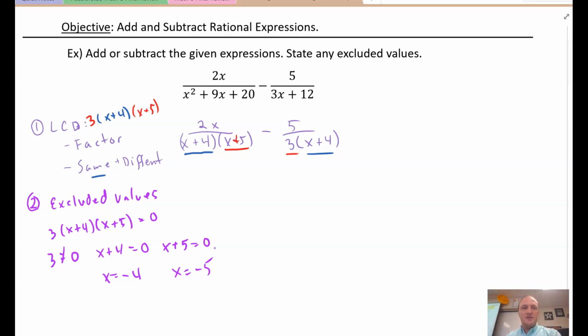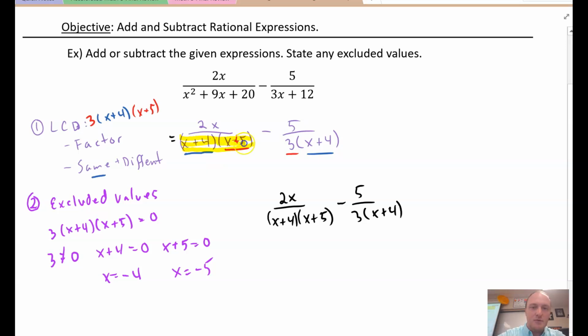Here's step 3. This is where it starts to get a little bit tricky. I'm going to rewrite my term: 2x over x plus 4, x plus 5, minus 5 over 3 times x plus 4. And I'm going to introduce my missing factors.